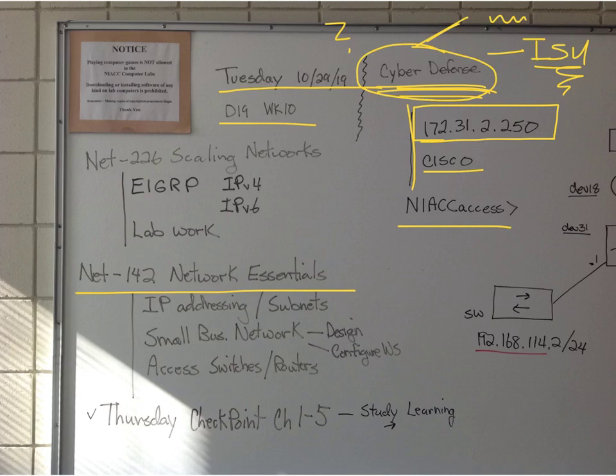Network Essentials. We looked at a small business network, then we looked at some subnetting. We actually did a subnet example today. And we looked at putting workstations on these small networks, the design, and then we configured the workstation. Important.